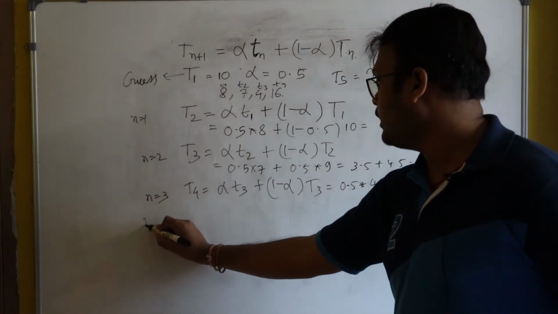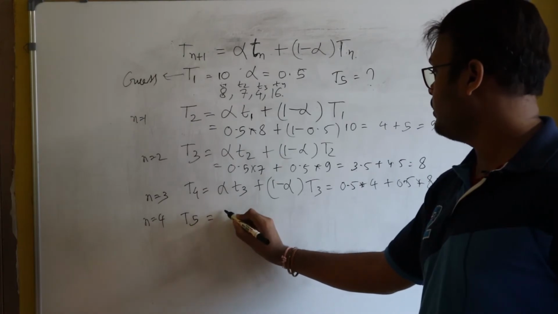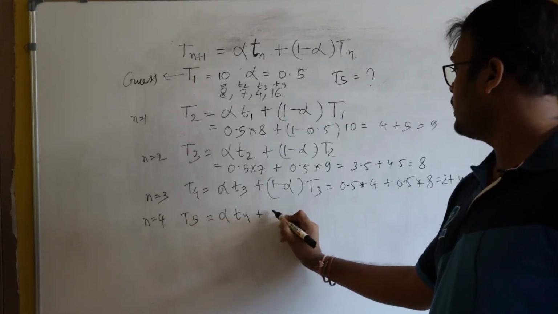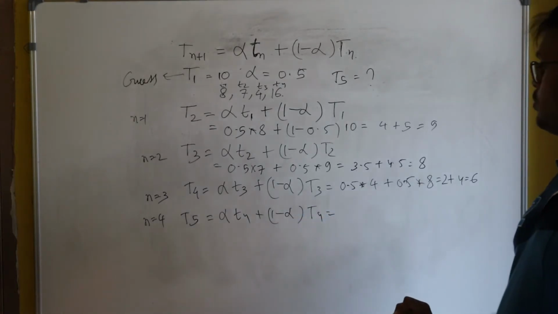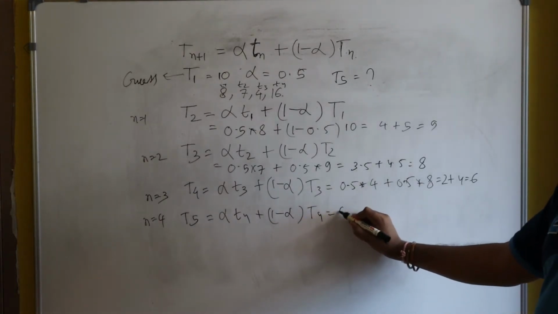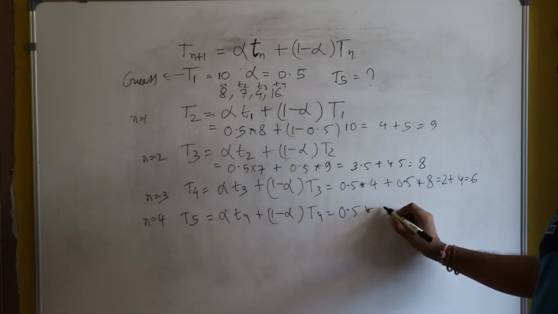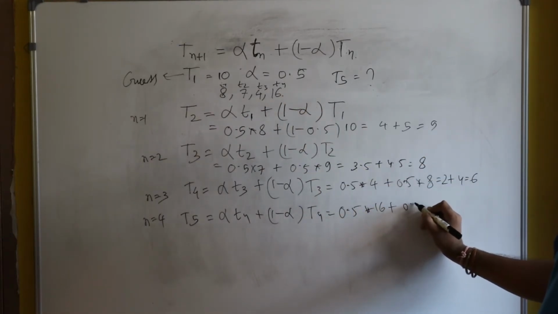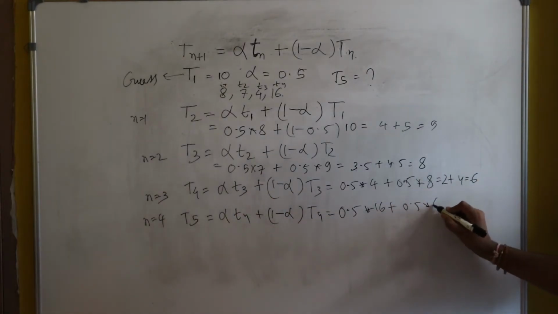Now finally here comes T5. It will be alpha into small t4 plus 1 minus alpha into capital T4. It means 0.5 into the value of small t4, which is 16, plus 0.5 into capital T4, which we calculated as 6.